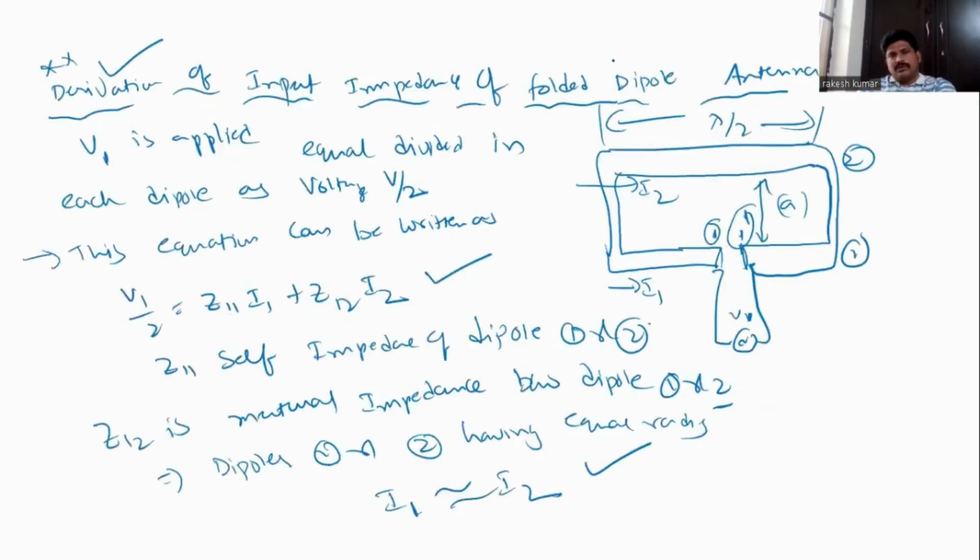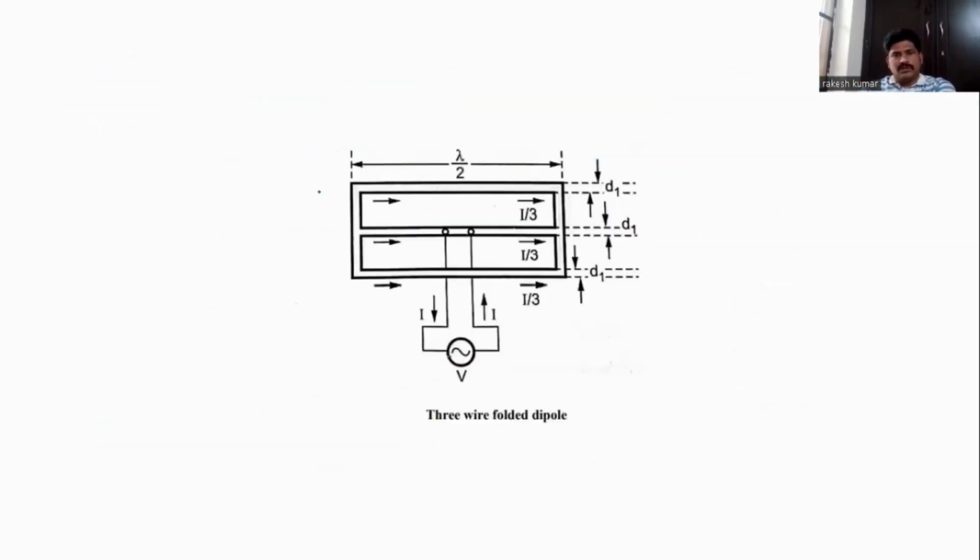Similarly, the derivation for the input impedance of a tripole. What is meant by tripole? We observe here, tripole means it consists of 3 dipoles.